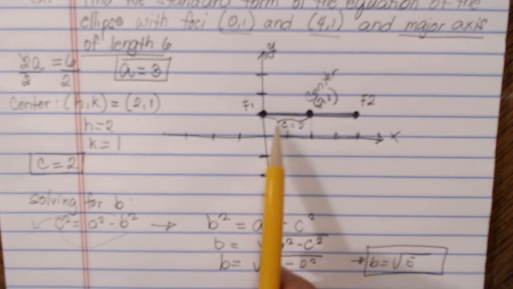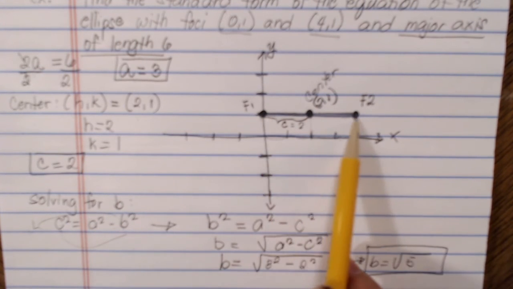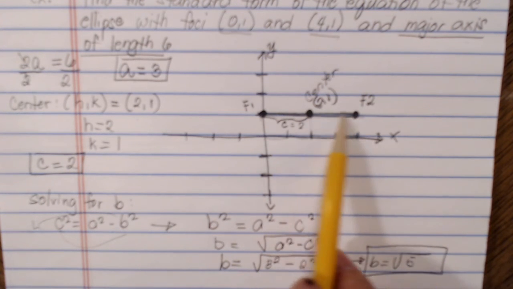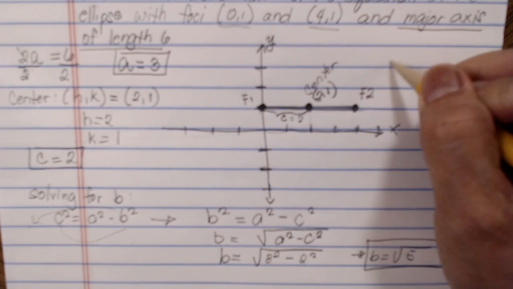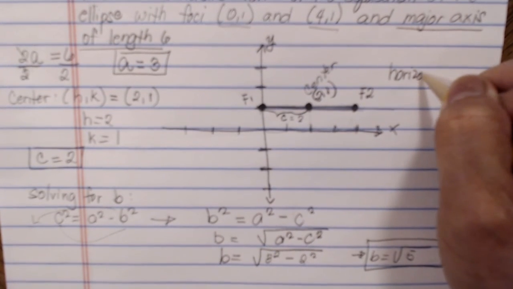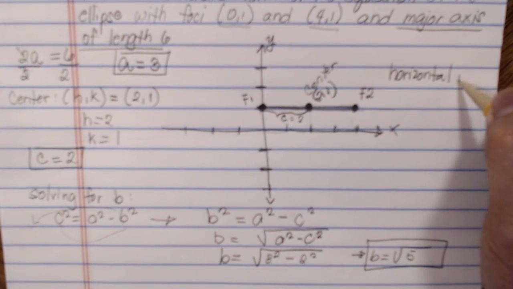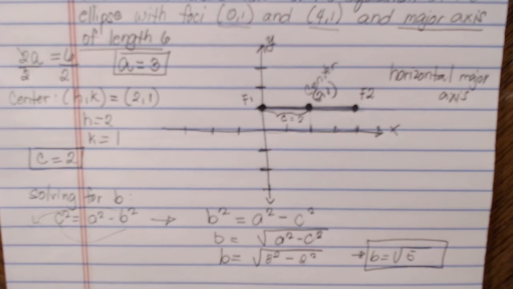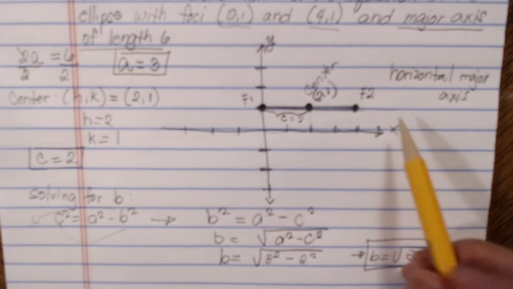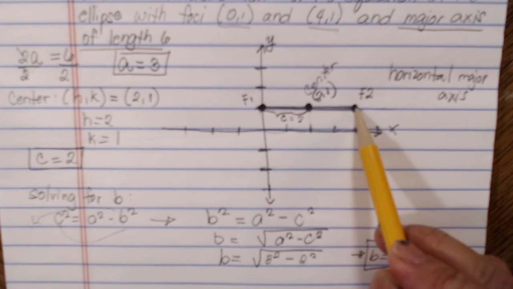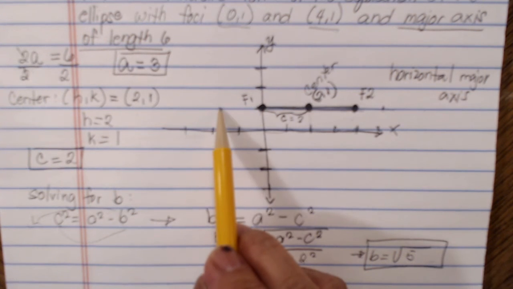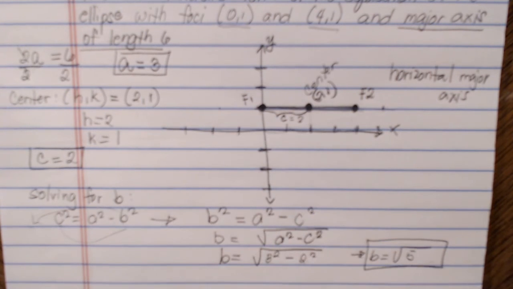Since the foci lie on a horizontal line, that means we have a horizontal major axis. The vertices will be somewhere right here, beyond the foci.